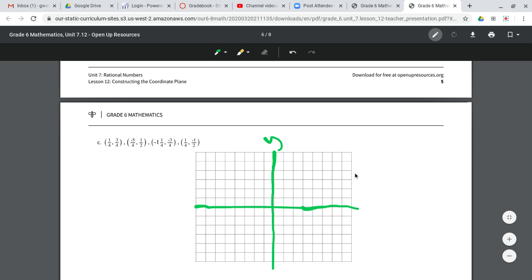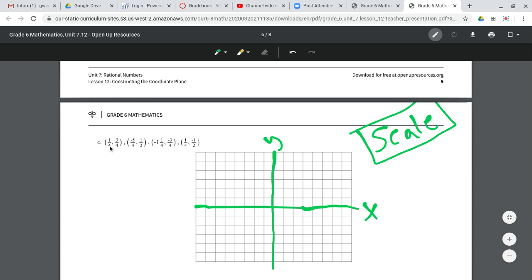Sort of. Okay. So we've got our x and we've got our y-axis. Remember, x is always horizontal. Y is always vertical. But now we need to figure out how to scale it. So once again, remember, scale is that key word.